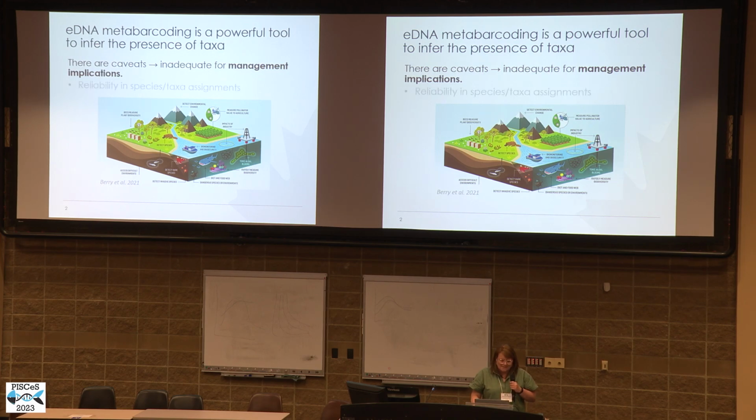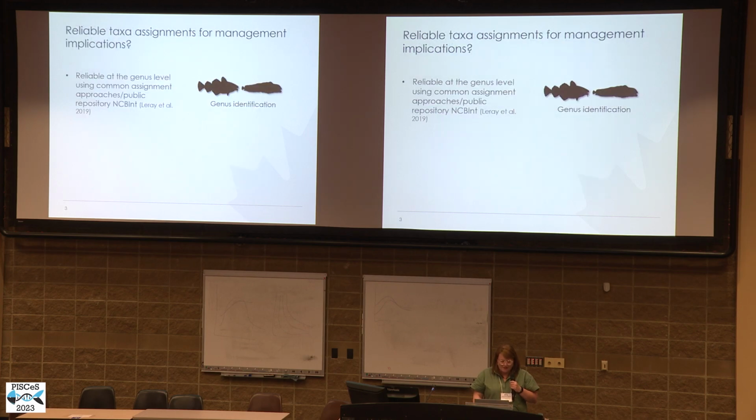Why is this? One part of it is because the reliability of species or taxa assignment is either unknown or unclear. And there are ways to improve that reliability or to at least transmit it better.